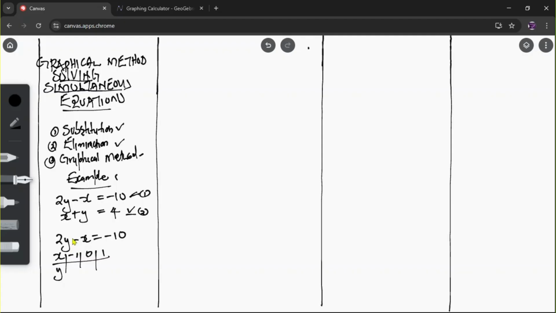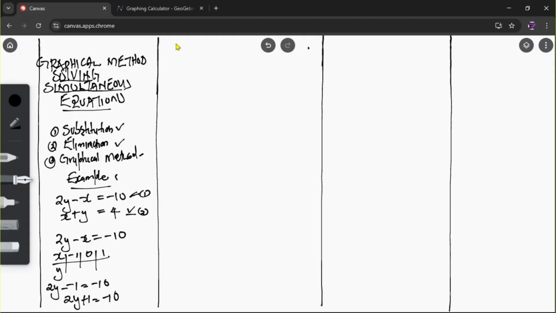So if I put minus 1 here, my equation will be 2y minus of minus 1, because x is minus 1, equals minus 10. So this will be 2y plus 1 equals minus 10.